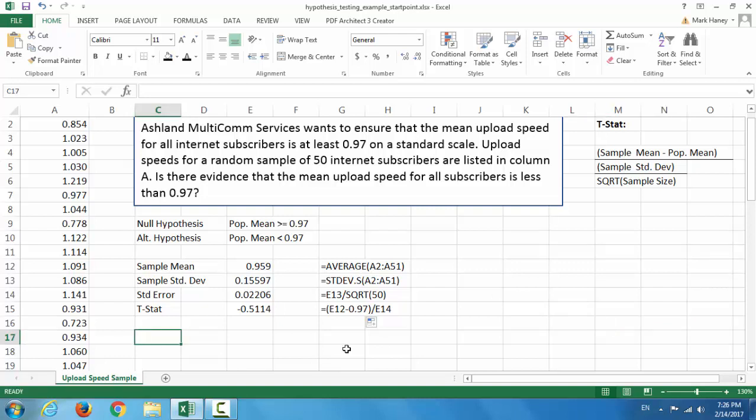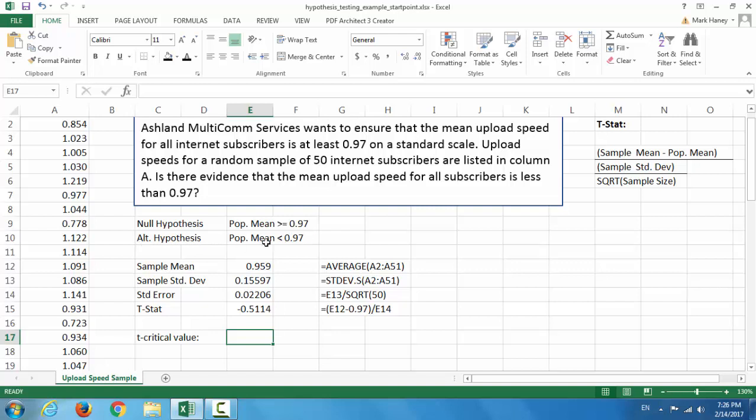What will the t critical value be? First, there's only one critical value. Because the null hypothesis is that the population mean is greater than or equal to some value, we can only reject this null hypothesis if we have evidence that the population mean is less than.